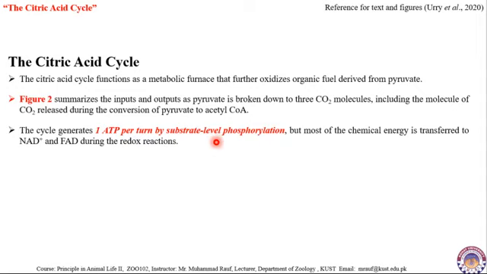Here once again, one of the intermediates of the Krebs cycle will provide the phosphate group to ADP and form ATP. So remember that in aerobic cellular respiration, 4 ATPs are produced through substrate level phosphorylation, where a substrate provides a phosphate group to ADP, and the major bulk of ATPs are produced in the electron transport chain, through oxidative phosphorylation.